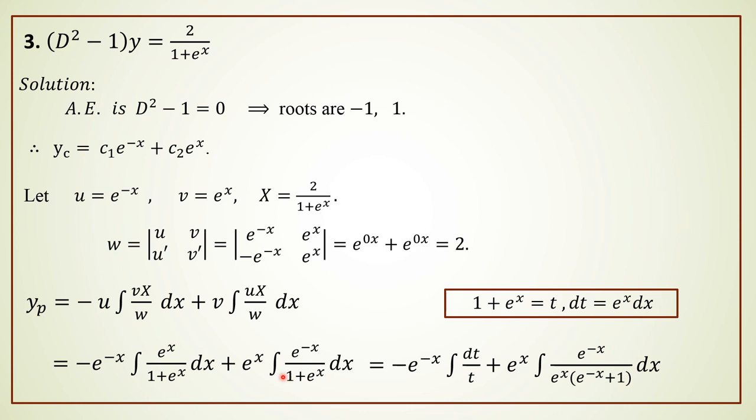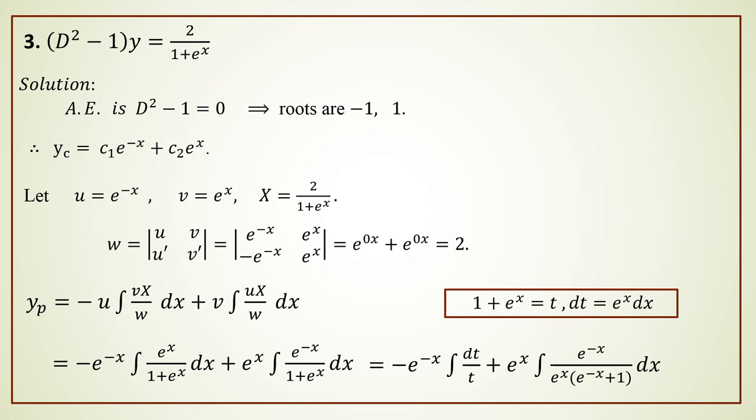I am just taking e^x common from the denominator, so that you have the integration of e^(minus x) divided by e^x into (e^(minus x) plus 1), and the integration is with respect to x.